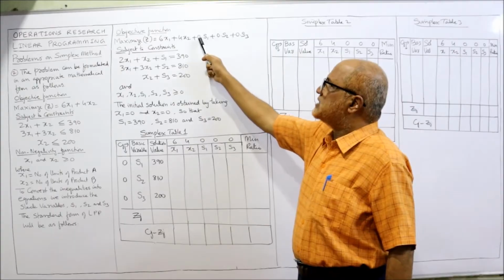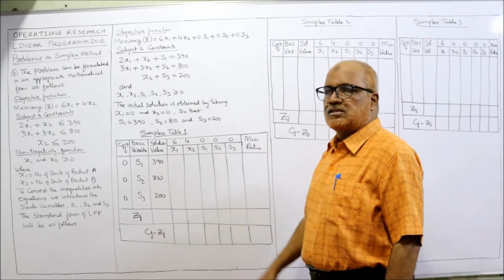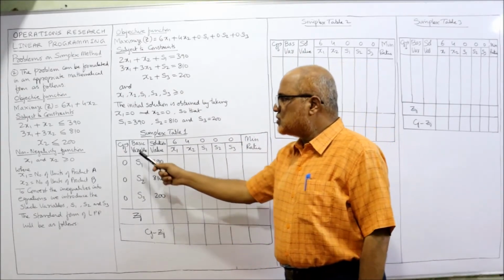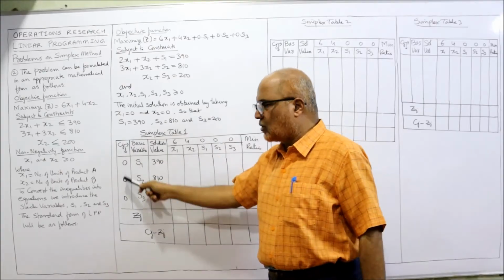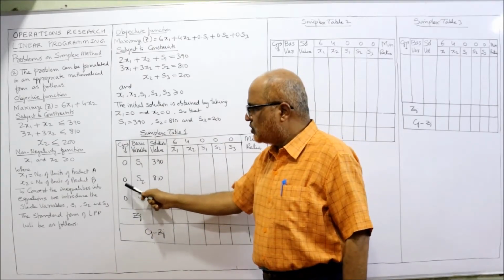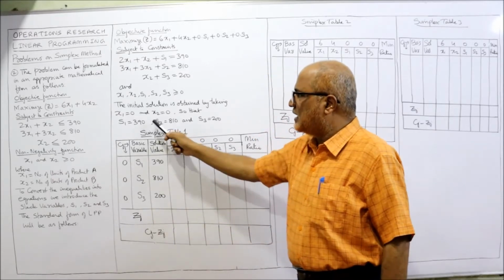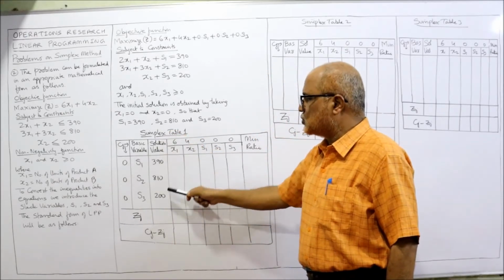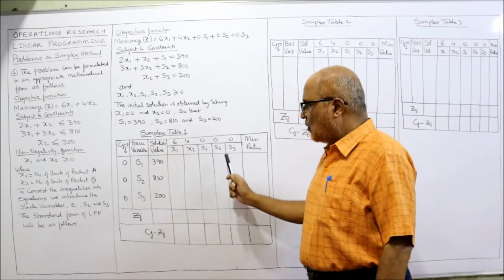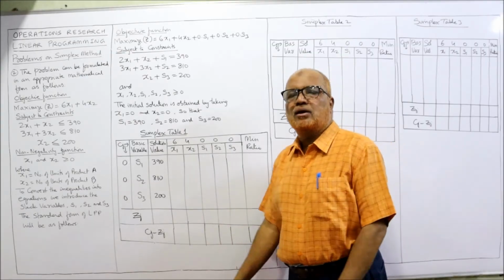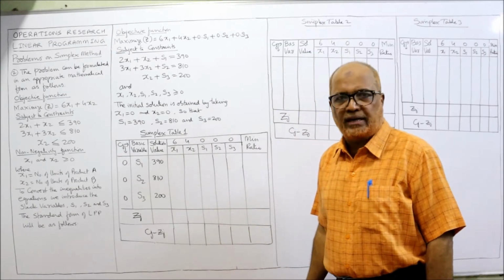The coefficient of S1 is 0, S2 0, S3 0. The Cj values are there in the row as well as in the column. So in the column 0, 0, 0. S1, S2, S3. S1 value is 390, S2 is 810, S3 is 200.